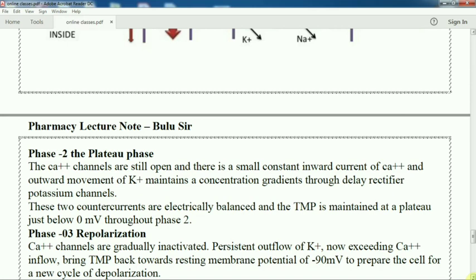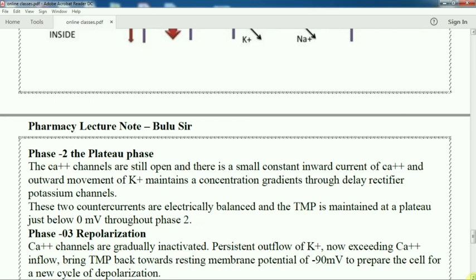These two counter currents are electrically balanced. That means in this plateau phase the charge is balanced at 0 millivolts, neither positive nor negative. So balanced charge is maintained in this phase, and that is called the plateau phase.